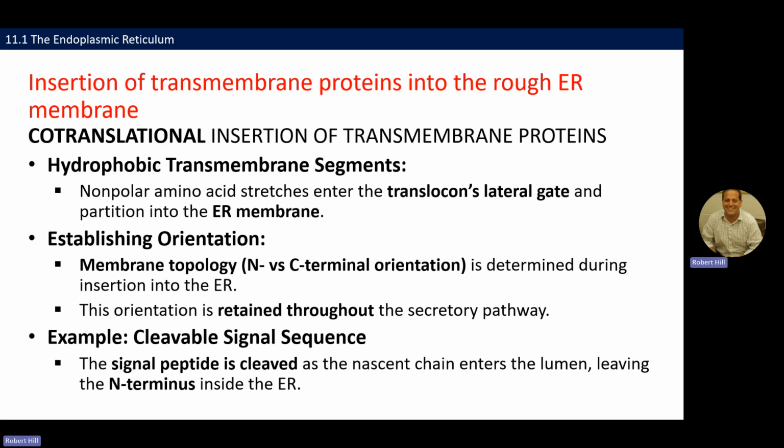Because the hydrophobic stretches tell the translocon to open the lateral gate so that the stretch can start to embed in the membrane. All right, so like I said, the membrane topology, right, is determined here in the ER. Right? The N side is going to be in the lumen, or the C side is going to be in the lumen. That's going to stick and be the same all throughout the endomembrane system.